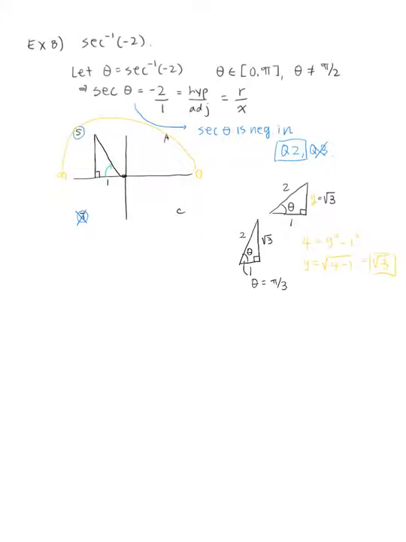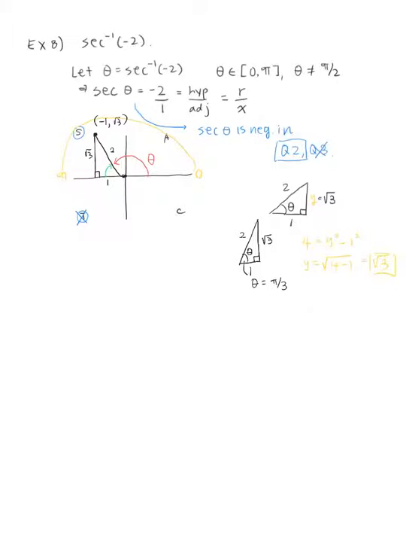Okay, our lengths are 1, 2, square root of 3. And this point is what? x is -1 and y is square root of 3, if you like to use x, y, and r. So what we're looking for is this angle theta. This is what we're looking for.